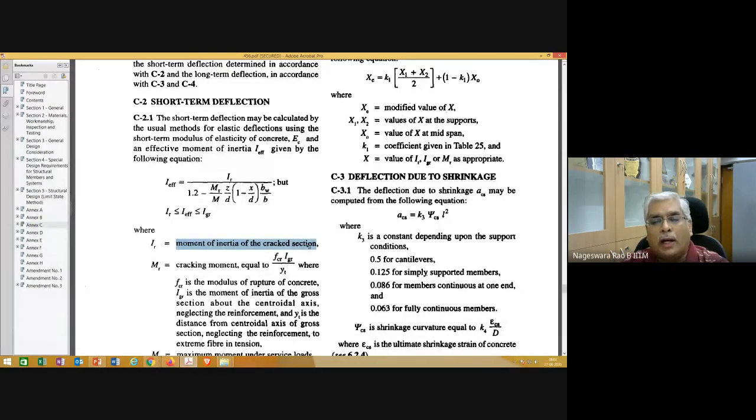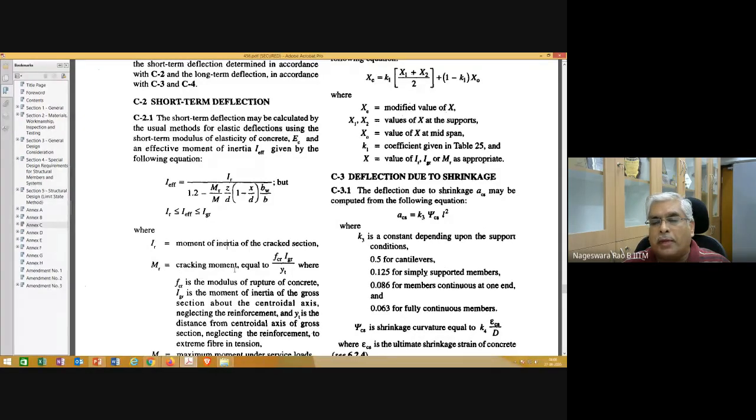So now you can appreciate what exactly this means, assuming the concrete below the neutral axis is ineffective. Whatever moment of inertia of the transformed section, that is this IR. IR is the moment of inertia of cracked section, and whatever we denoted MCR in the lecture we just covered, here it is denoted as MR.